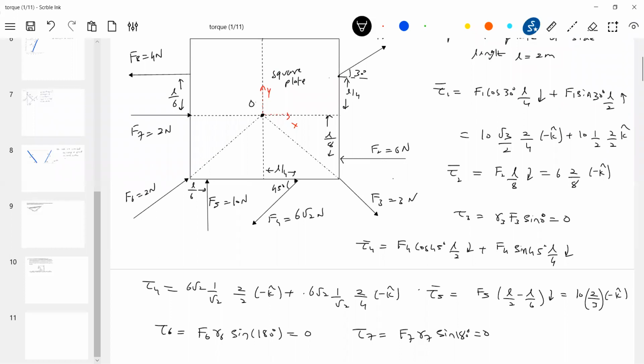So torque due to F8 will be F8 into L by 6, anti-clockwise. Value of F8 is 4, so 2 by 6, plus k cap.